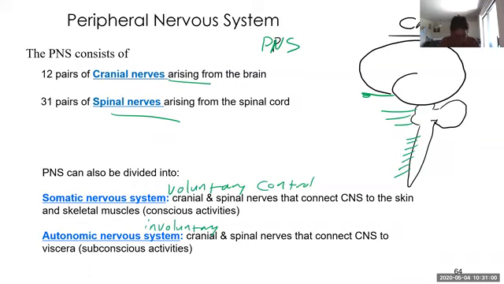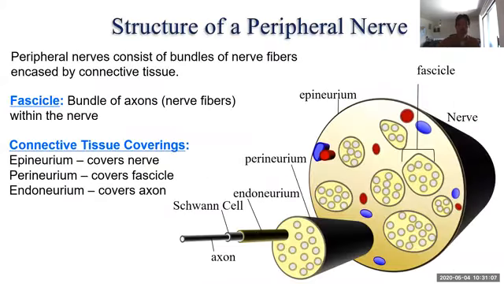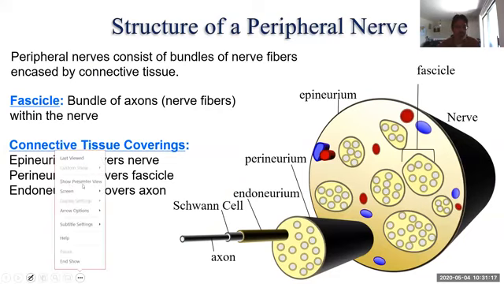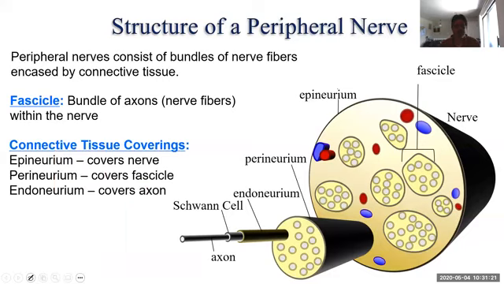The part I want to get in your heads right now, though, is what is a nerve? And really, a nerve is a bundle of axons. So if we were to take a nerve and look inside this nerve, we have a bunch of axons all bundled together. Actually, let me go ahead and draw it out so we can all kind of see it together. So let's suppose here's our central nervous system, the brain, and the spinal cord.